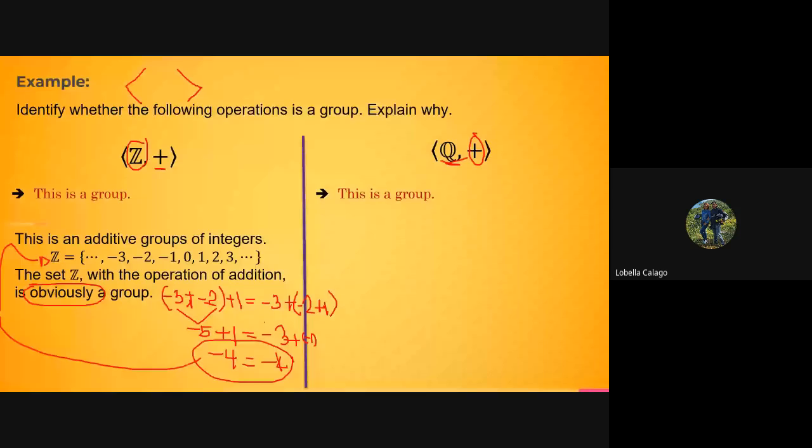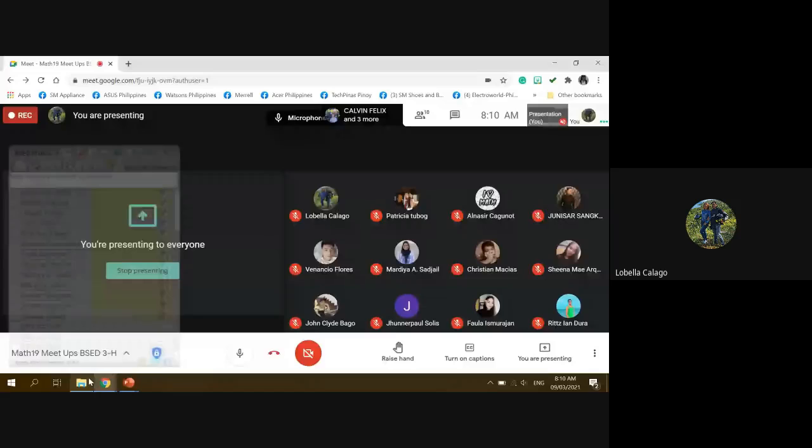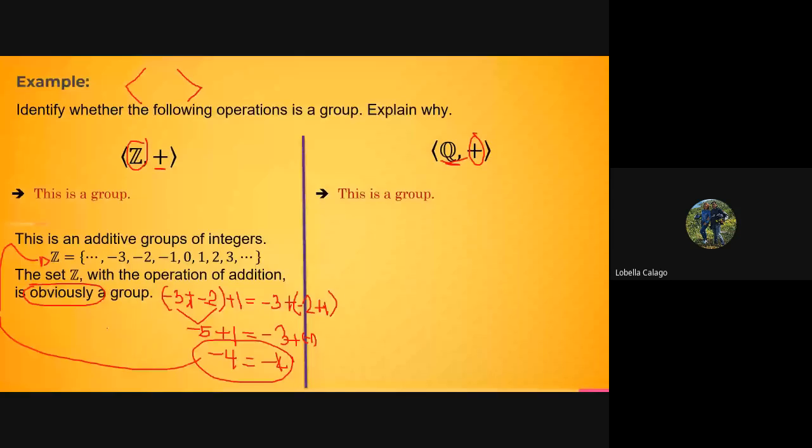And negative 4 is part of the integers. So, part siya ng ating integers.